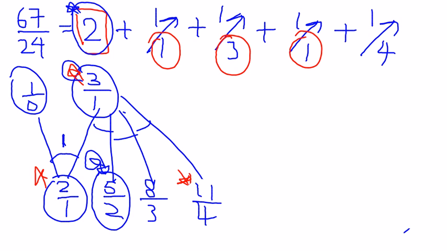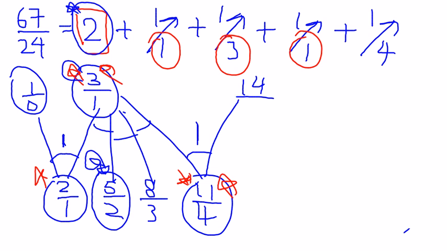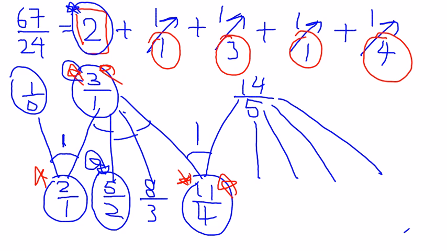It's only one step here, which means you just need to do one step of calculation. Now it becomes the addition of these two fractions, so you get the fraction 14 over 5 here. The last step is that you need to do 4 steps of changes to get the final number. If all your calculations are correct, you should be able to arrive at 67 over 24.